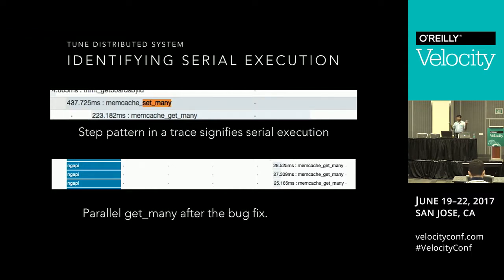But some developer forgot to annotate the getMany call, so that call was being executed serially. We went in, added the annotation back, and when we launched it into production, all the getMany calls became parallel, which you can see in the second image.